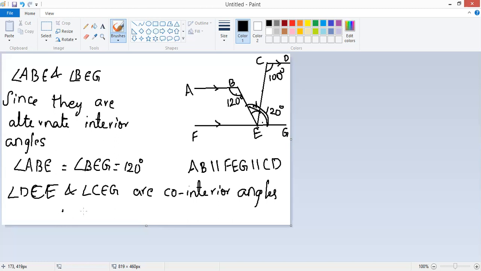Therefore, their sum is equal to 180 degrees. Therefore, angle DCE plus angle CEG is equal to 180 degrees.